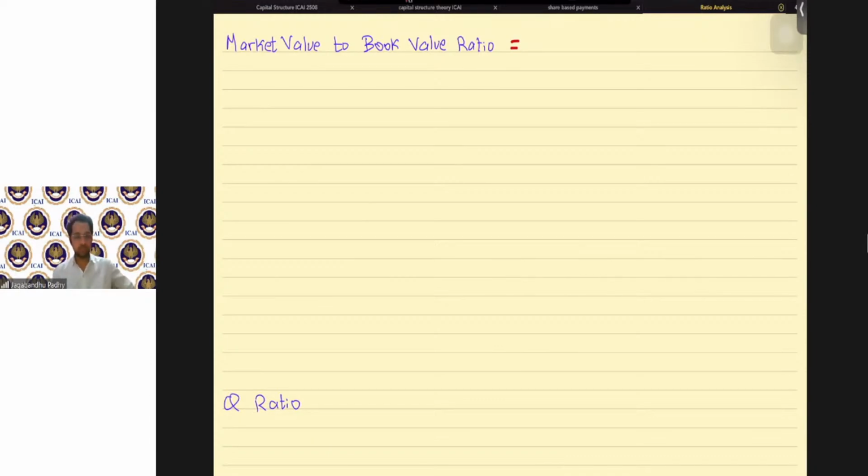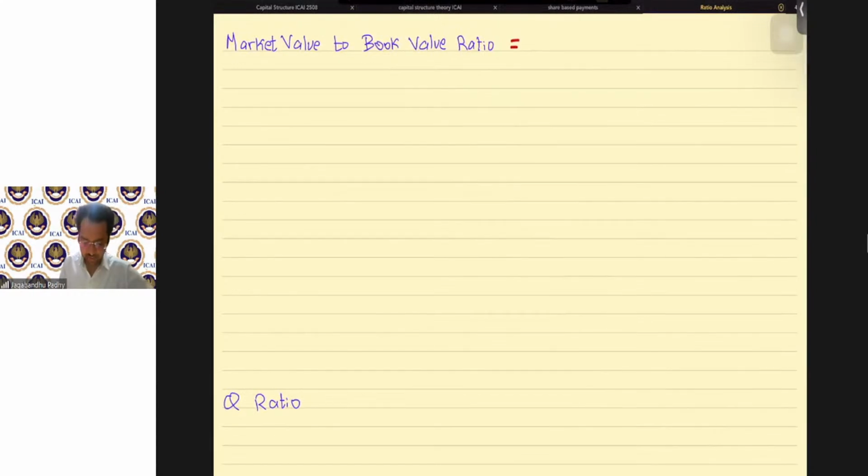Okay, so let's begin. The first ratio that we have yet to cover is called the market value to book value ratio, right? The formula for this market value to book value ratio is market price of share upon book value per share.